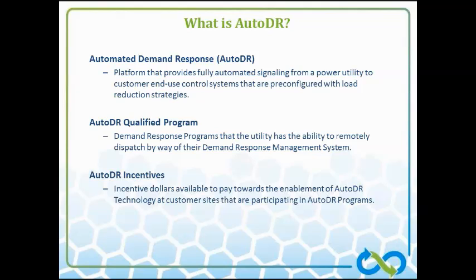And the third piece is the incentive, which not all utilities have, but at least the three California utilities that we'll be covering have dollars available to pay to enable your locations to respond to demand response events.